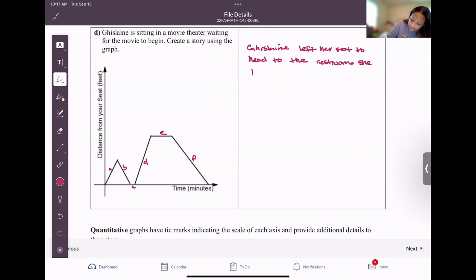She turns back to get her bag from her seat. So that's part B, going back towards the seat. She stops to get the bag.